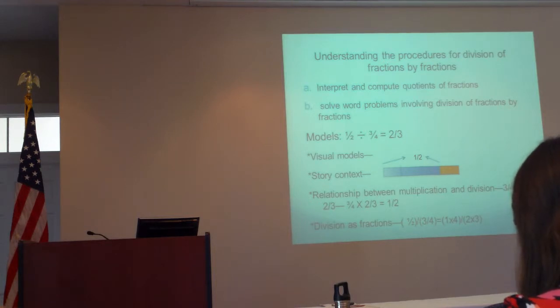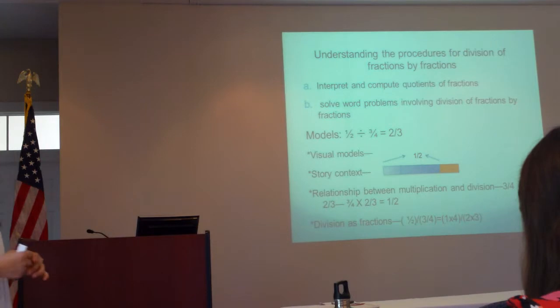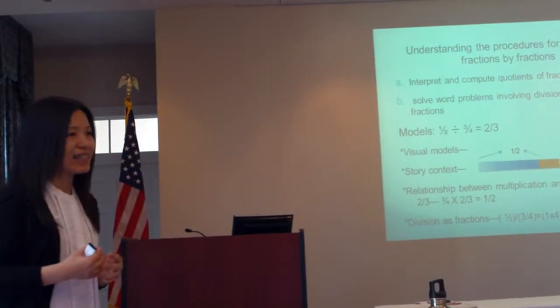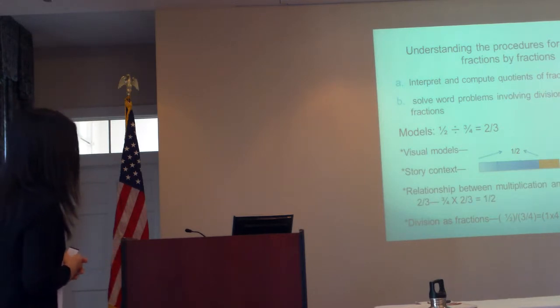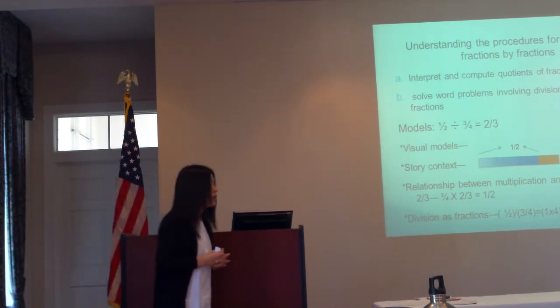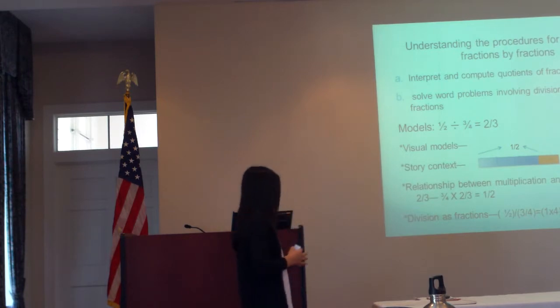In the Common Core, first the students need to interpret and compute the quotients of fractions, probably in a story or word context. The Common Core also says teachers can use models to help students understand the procedures for division of fractions by fractions.